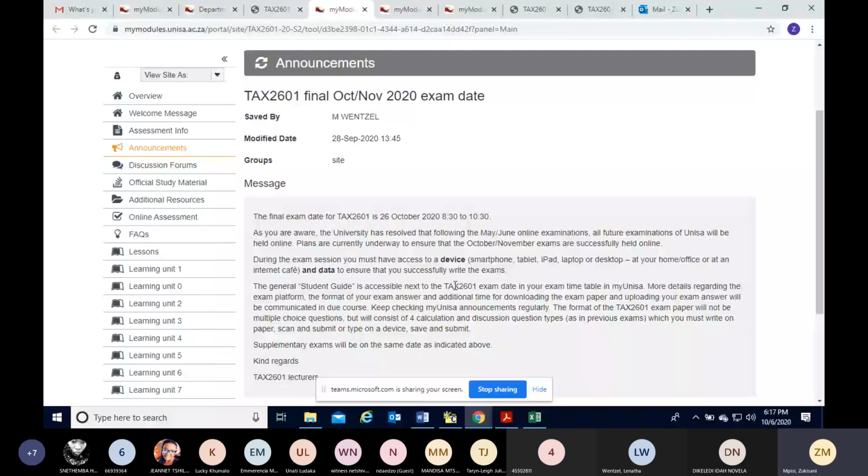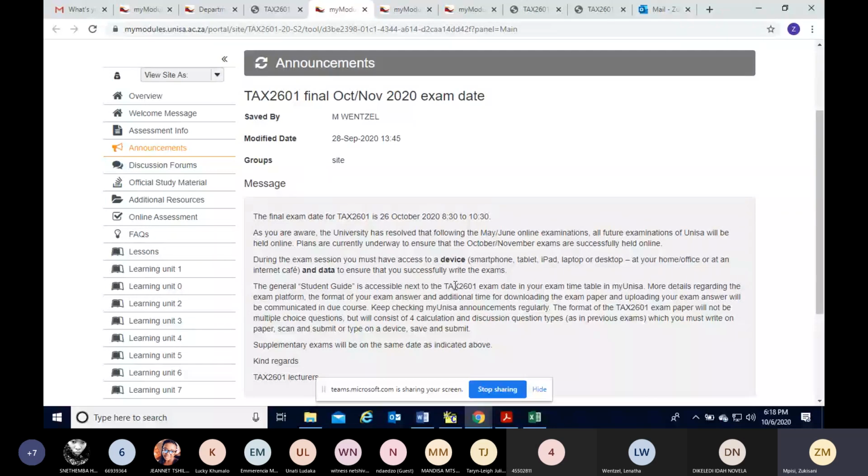So if you have to do your budget, or ask someone to fund your data, please make sure that you put those plans in place now. Another important thing, because you'll be writing at home or in your own private secluded area, please ensure that you have planned for where you'll be writing, because this will be an online exam.